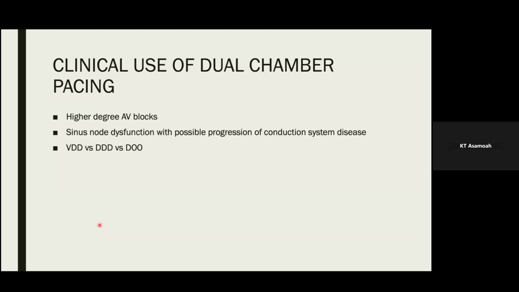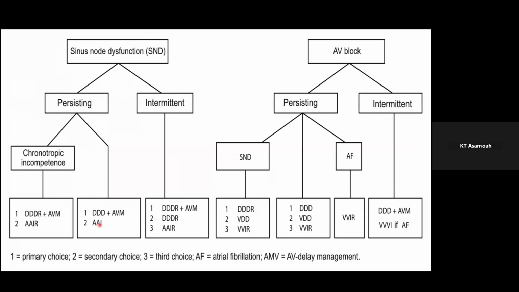So this just summarizes some of the situations in which you'll use the various pacemakers. And you realize that for all of them, first choice is dual chamber pacing, except for where there's AFib. That's the only one that has VVI, which is ventricle only pacing.